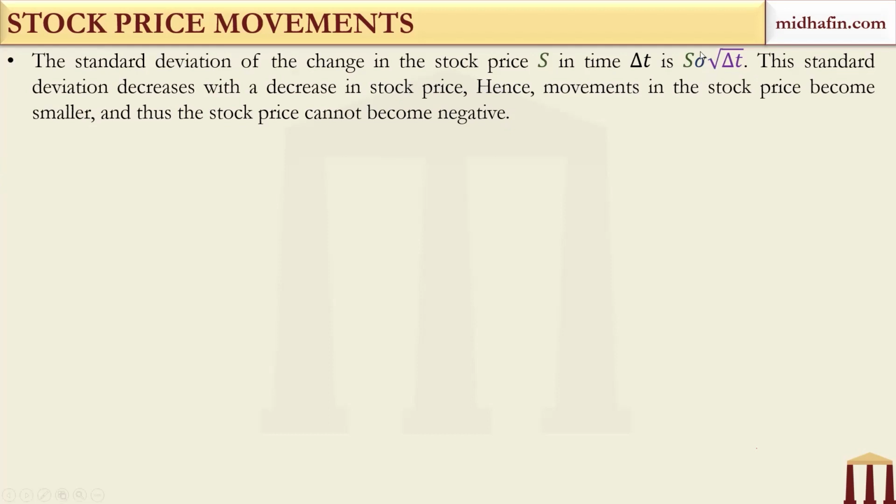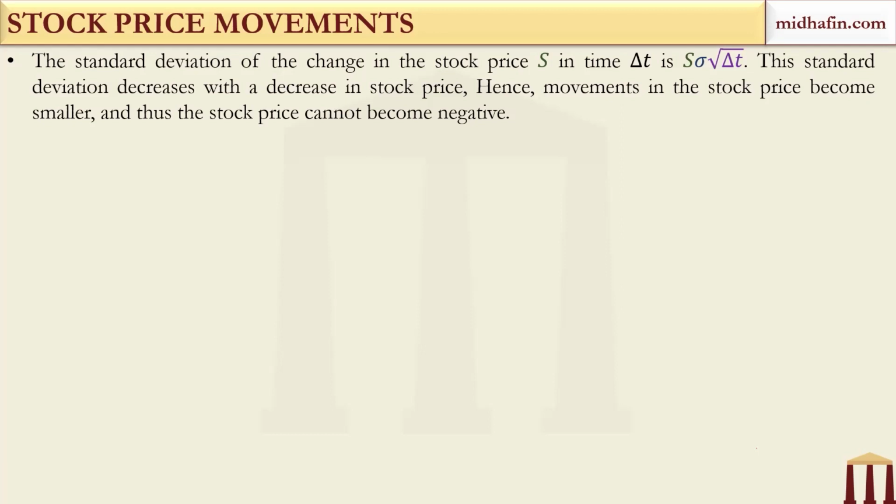Why? Even if volatility increases and the stock price falls, volatility is in percentage terms. So if, let's say, sigma root delta t is 20%, the stock price falls by 20%, and let's say it goes from 100 to 80. Now again, let's say there is a fall of 40%, but this fall is from 80 rupees, not 100.